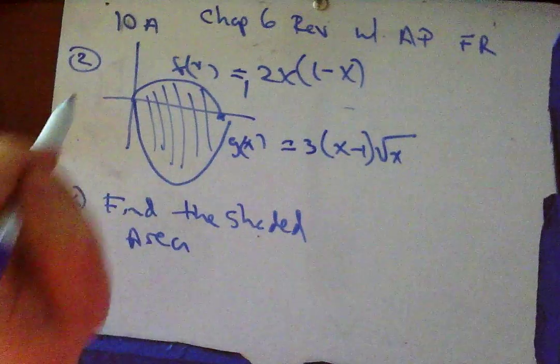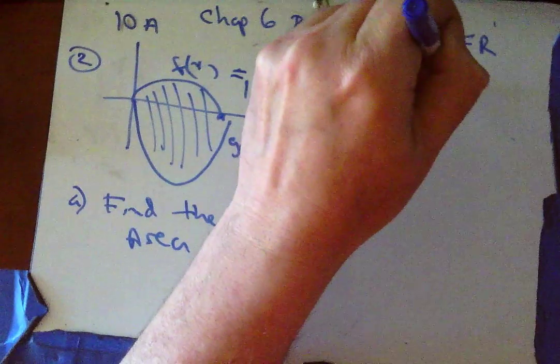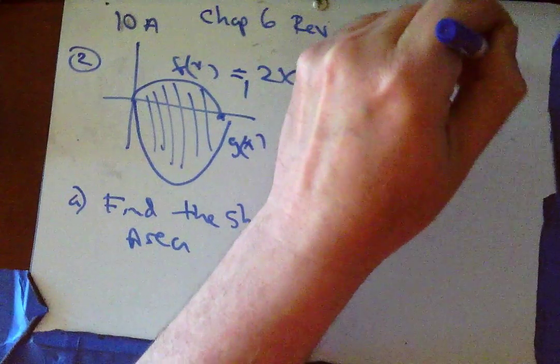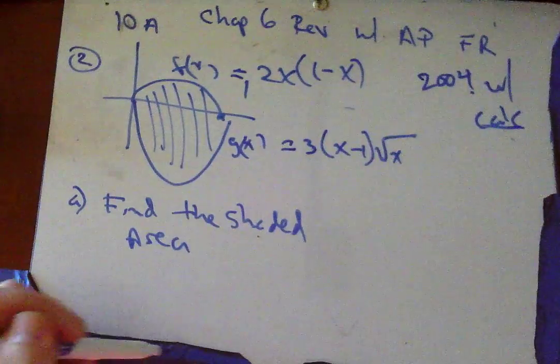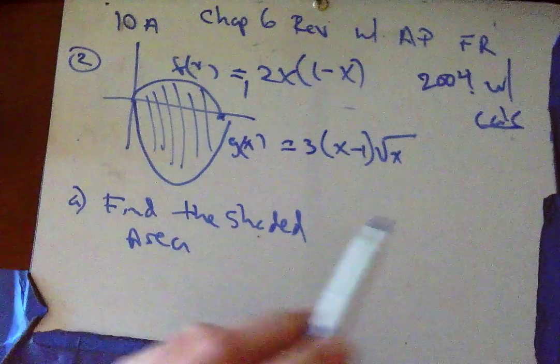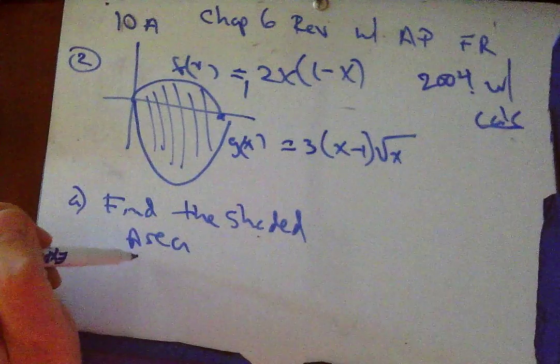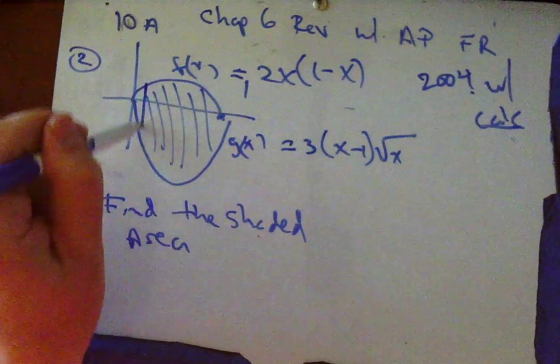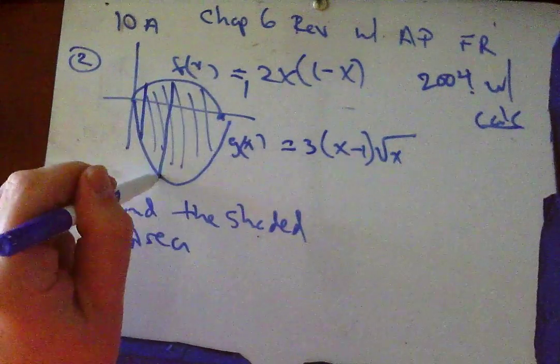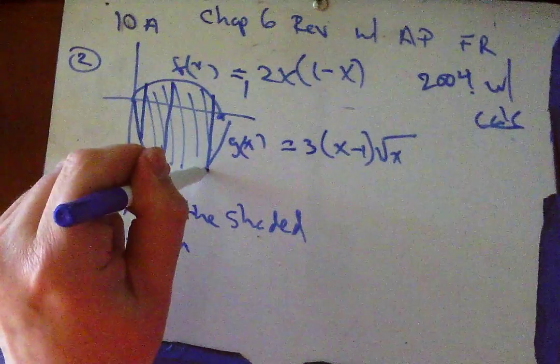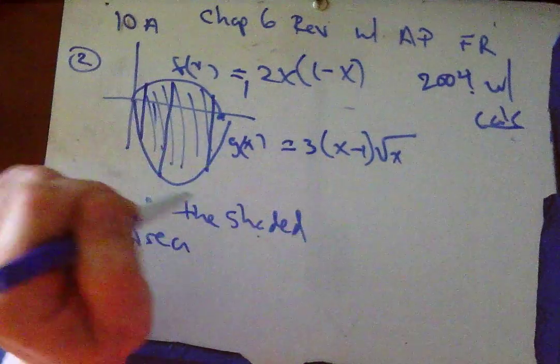Well, 2 things I want to pay attention to. This question, which came from 2004, was also with calculator. So 1, I'm going to be using my calculator. 2, I want the shaded area. So I'm going to be doing top minus bottom, top minus bottom, top minus bottom, and adding up all of those lengths.